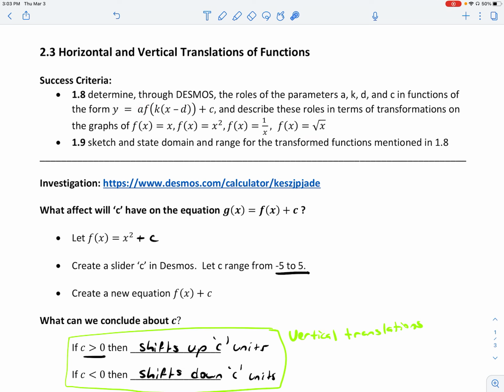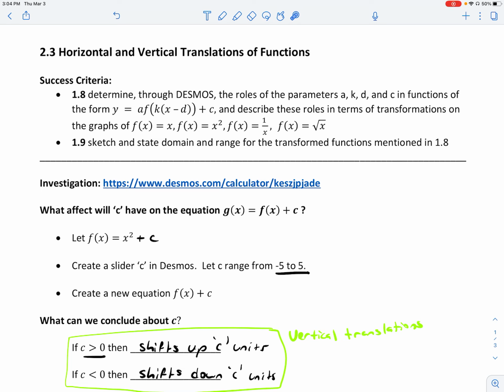So I know what the end result should look like. That takes a little bit of time, but I promise you guys you'll get good at it and you'll be really good at graphing. And once we have our graphs, we can answer other questions about them, such as stating the domain and range for the transformed function, and maybe even applying it to some applications.